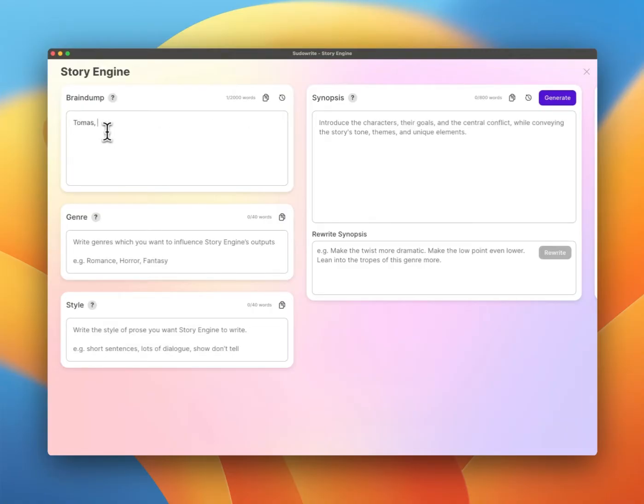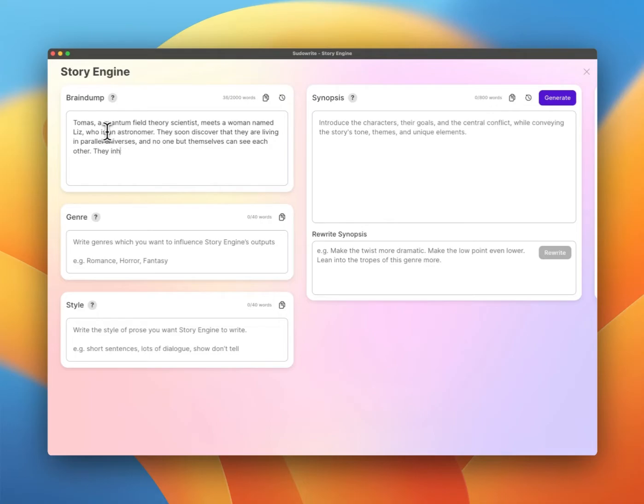So let's say this is Tomas, a quantum mechanics, how about quantum field theory scientist, meets a woman named Liz, who is an astronomer. They soon discover that they are living in parallel universes, and no one but themselves can see each other.